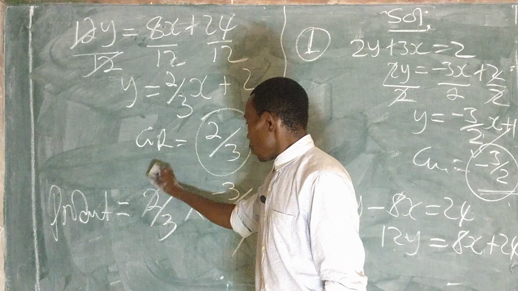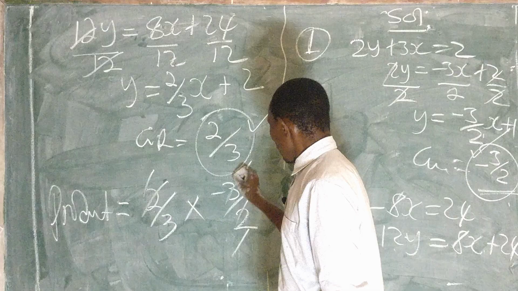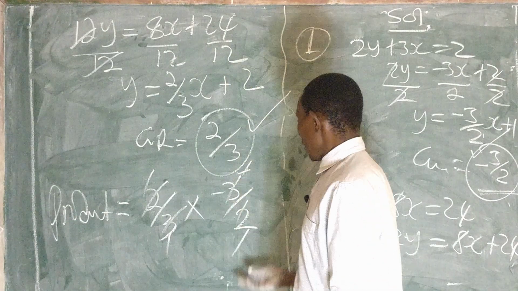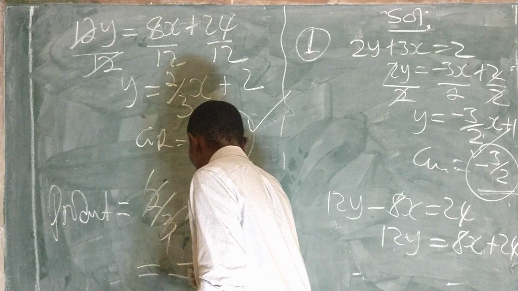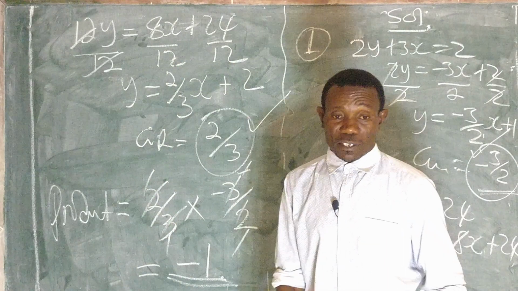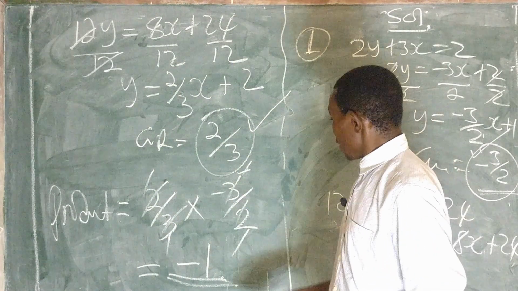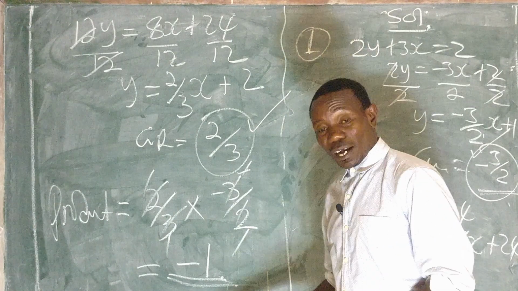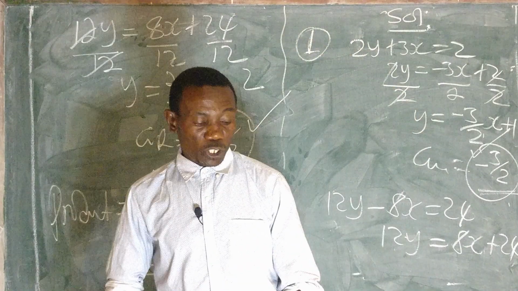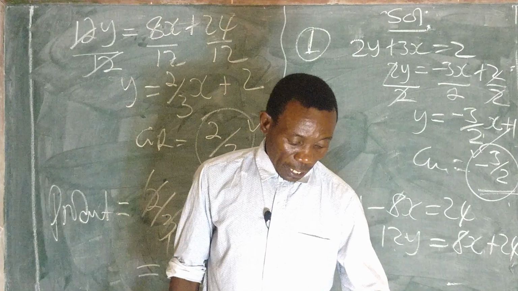The 2s cancel, the 3s cancel, and the story here gives us negative 1. This tells us something: the moment the product of the gradients is negative 1, we can deduce that the two lines are perpendicular to each other.